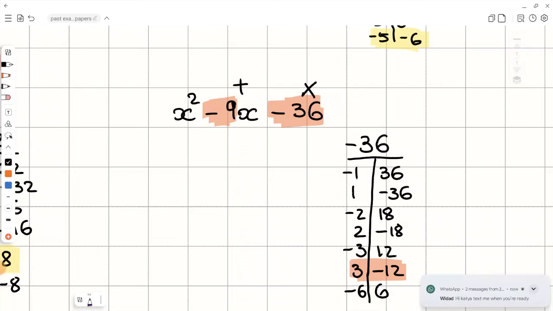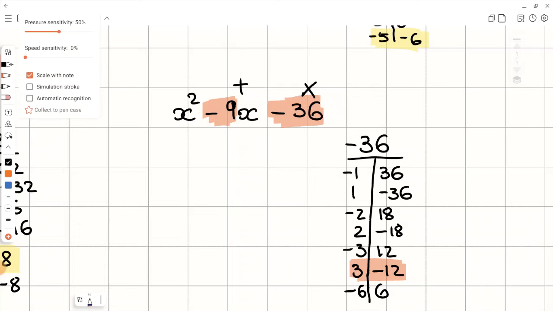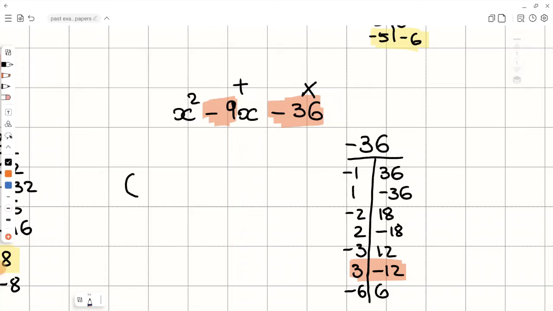So now I'm going to write this quadratic expression in factorized form. We're going to have x plus 3 and x minus 12, because our factor pair was positive 3 and negative 12.